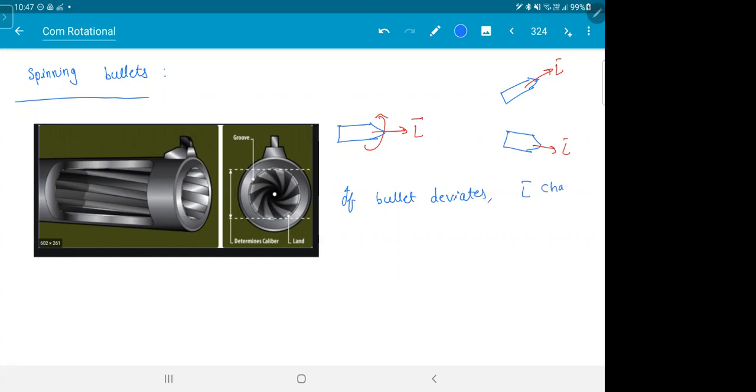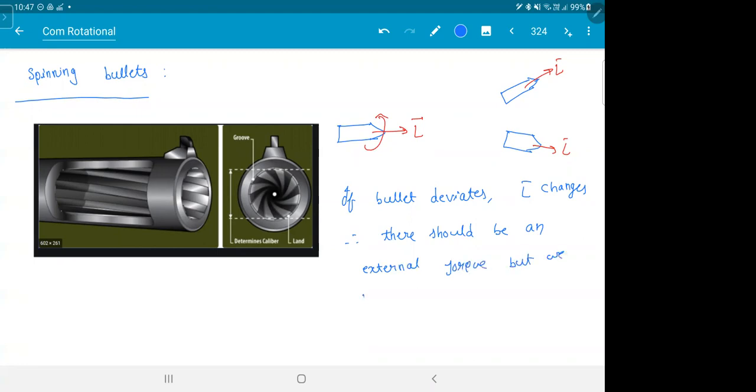If L bar changes, it implies there is an external torque.